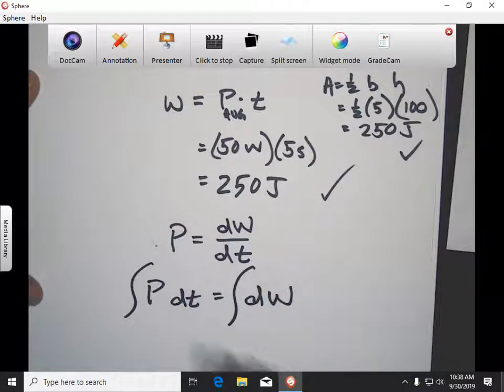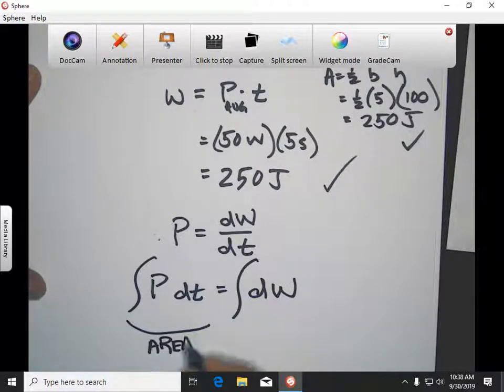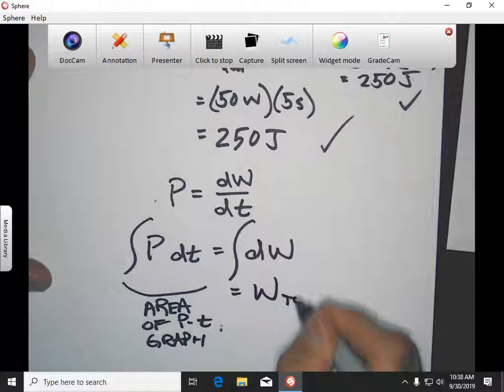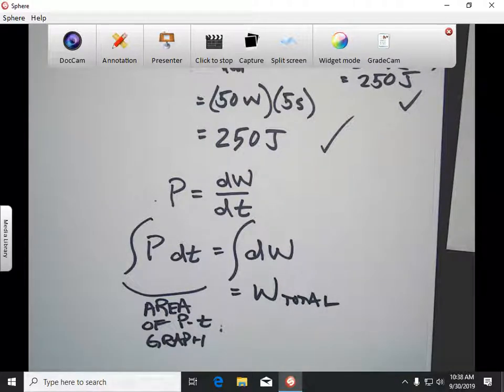And so when you take the integral, this is really the area of a PT graph. And that's equal to W total. So we'll do some examples of that, but basically you're finding the area of a graph or you're taking the integral, it's the same thing.